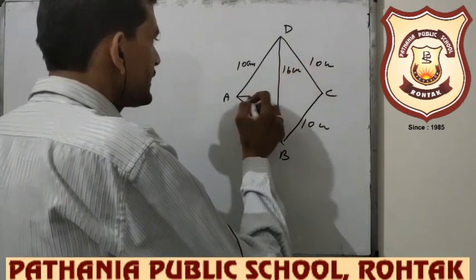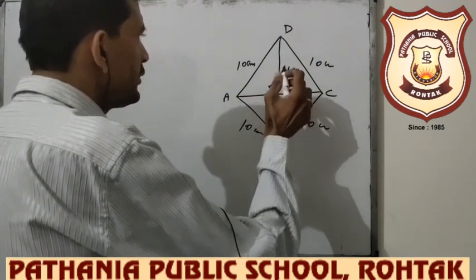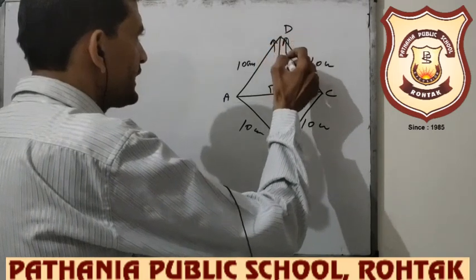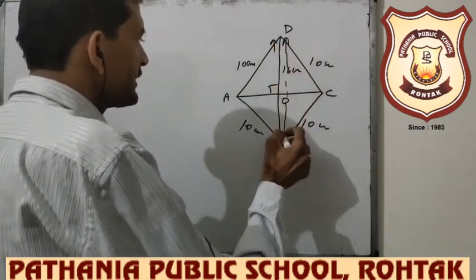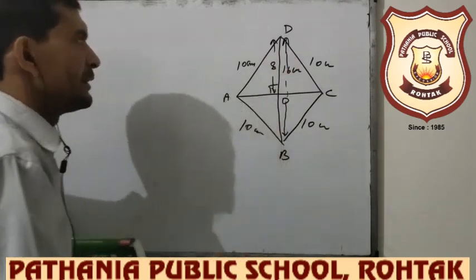We know that diagonals bisect each other at 90 degree. So let it be O. Then OD is 8. This complete diagonal is given to be 16, so that's why this is 8, half of 16.